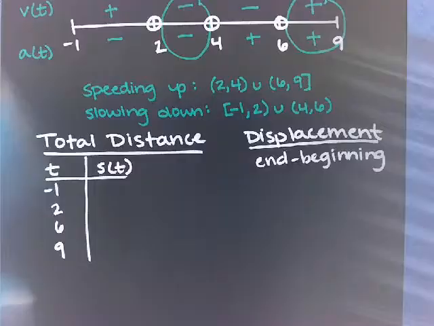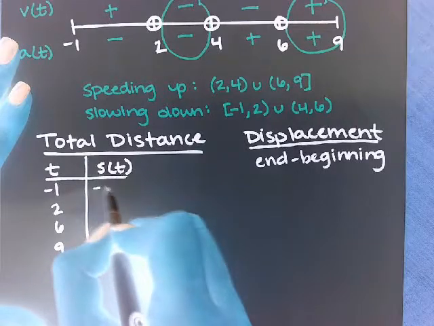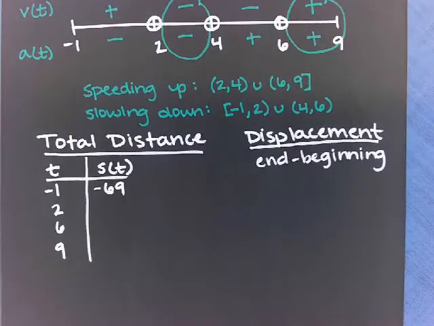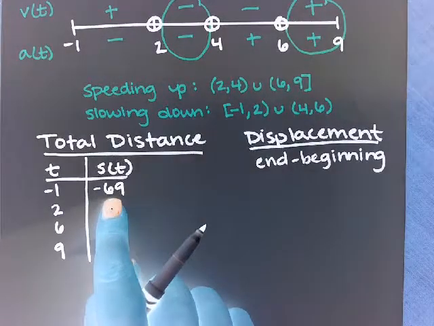It's -61. 69, thank you. All right, so when the particle started moving, that was its position. So that's where it started. That's our initial value.